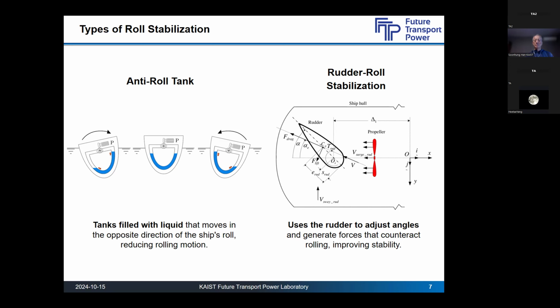Through this reaction, it reduces the rolling motions of the ship. And the last one is rudder roll stabilization. It's the most conventional stabilization system. It uses the rudder that already exists. With the rudder motions, they adjust the angles of the boat and generate forces that counteract the ship's rolling.